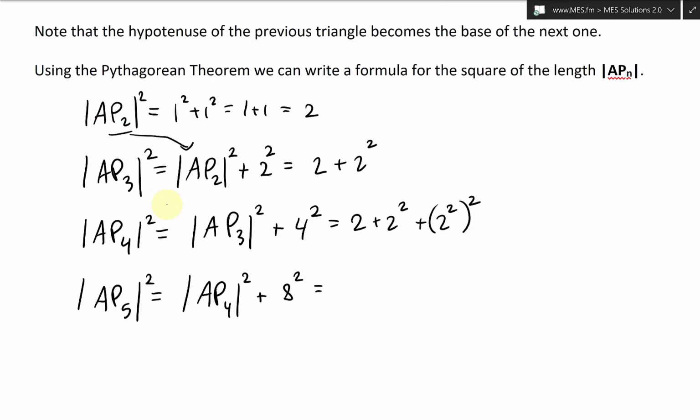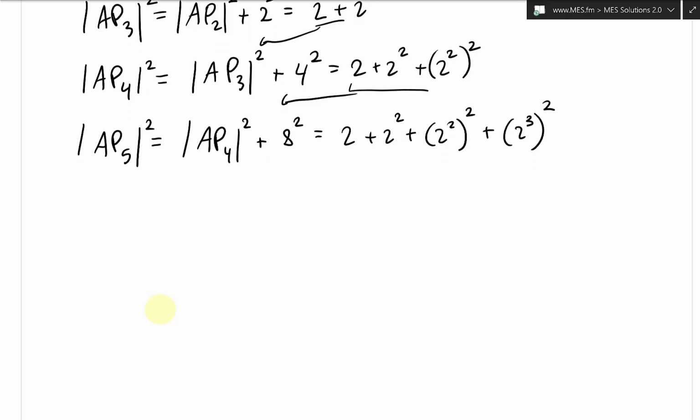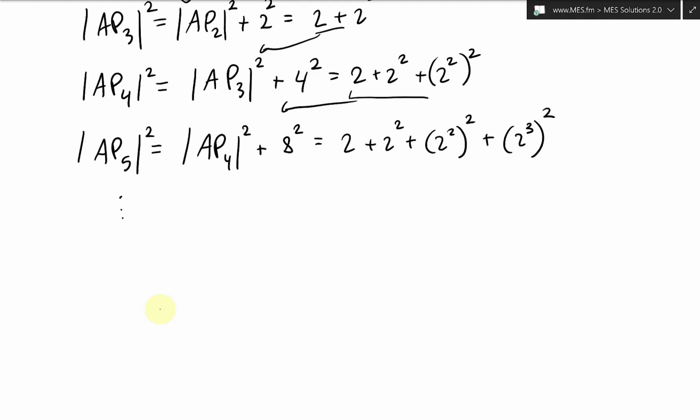So this equals 2, and we know this throws it over there, this throws it in there, and so on. And this becomes 2 plus 2 squared plus, this next one is, let's write it again, 2 to the 2 plus, this is 2 to the 3, 2 to the 3, and then this is squared. And then what I'll do is dot, dot, dot, all the way to the nth one.